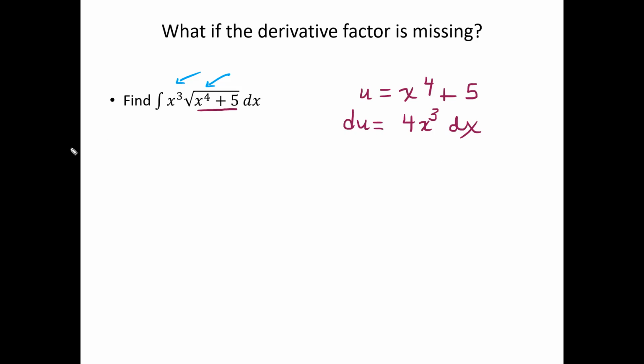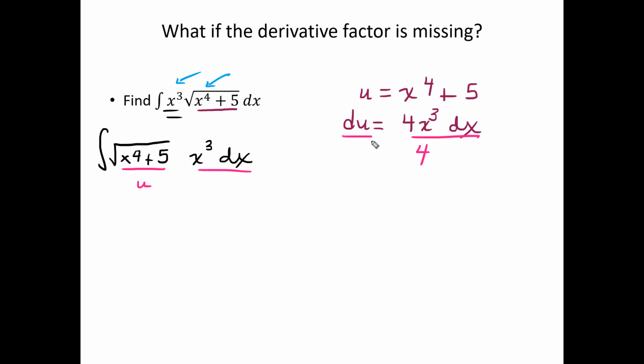All right, so again, as I mentioned, you could change the order of this. So I have the square root of x to the 4th plus 5 times x cubed dx. So my inside is all good. That's what we did over here. Outside, problem?